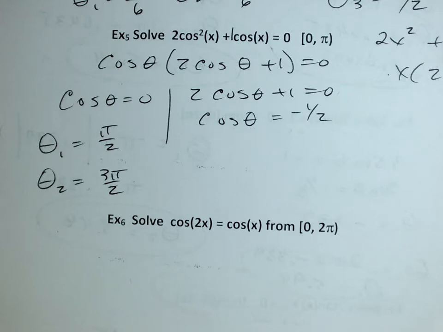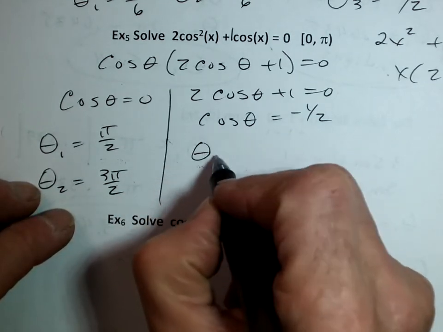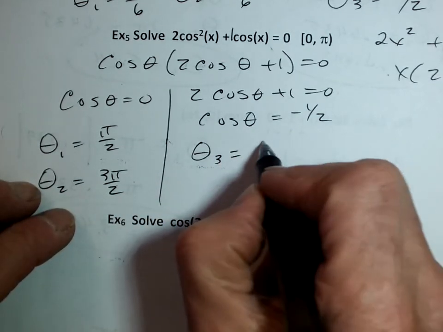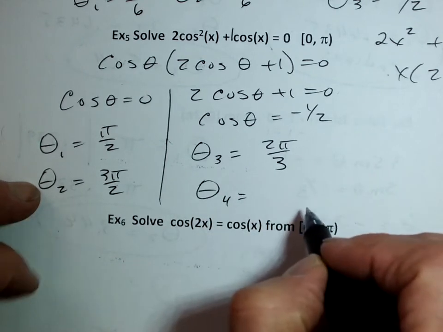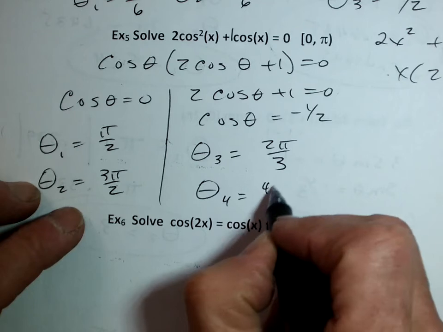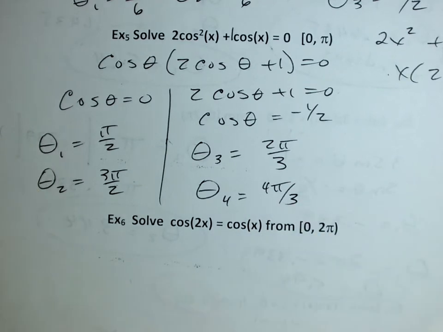Where is cosine equal to negative 1/2? 2 pi thirds and 4 pi thirds. And I'll show it, okay? So negative 1/2 for cosine is here, 2 pi thirds, and here. Got it? So there's 4 answers, 4 angles, okay?